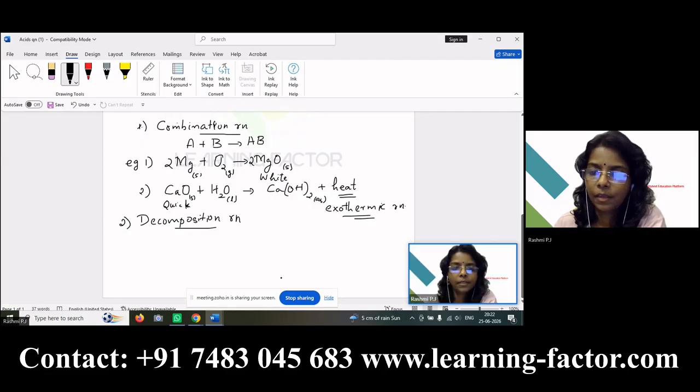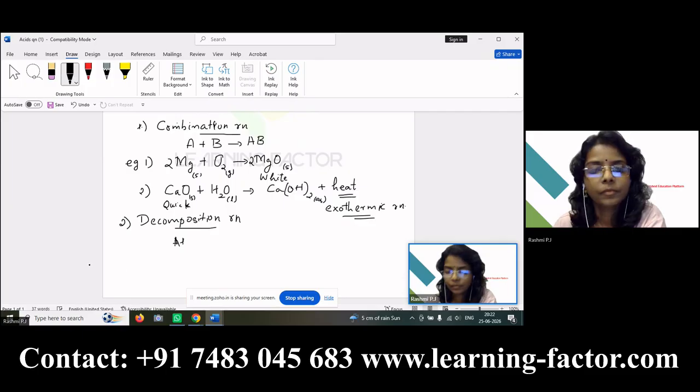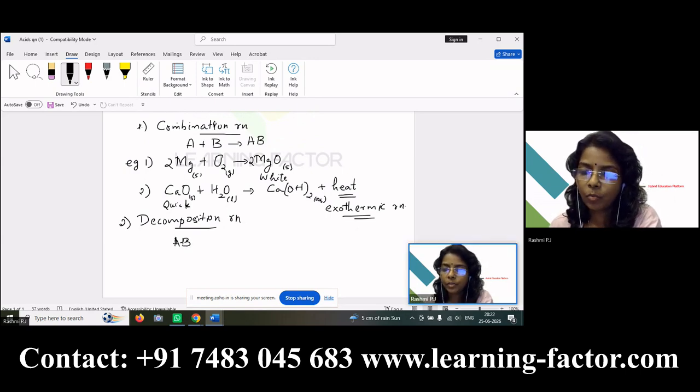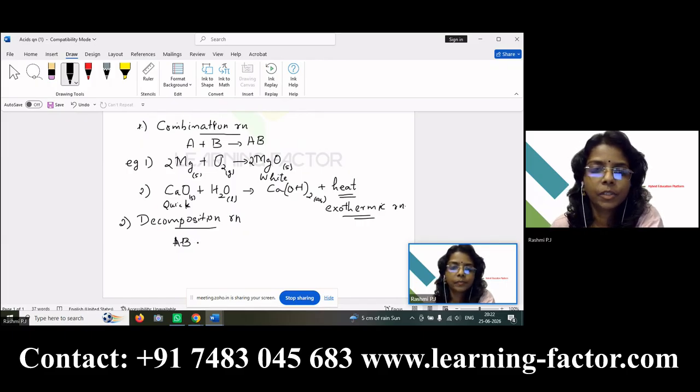Reactions in which one compound decomposes into two or more compounds or elements are known as decomposition reactions. Generally we can write it as AB giving A plus B. This is the reverse of the combination reaction just discussed above.